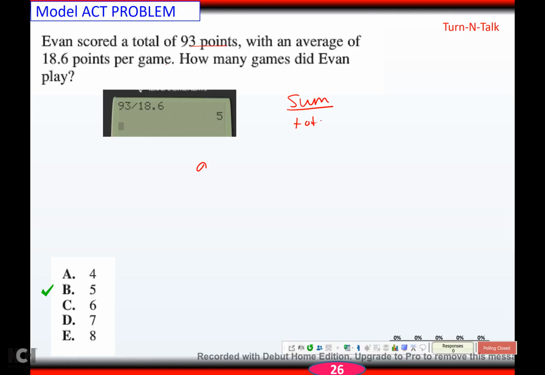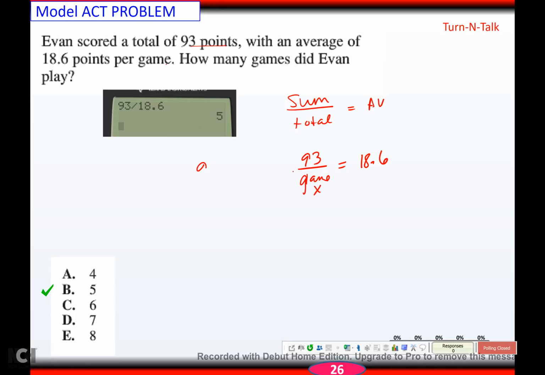divided by the total equals the average. So his total points was 93. His average was 18.6 per game. How many games? So the total number of games would be on the bottom.